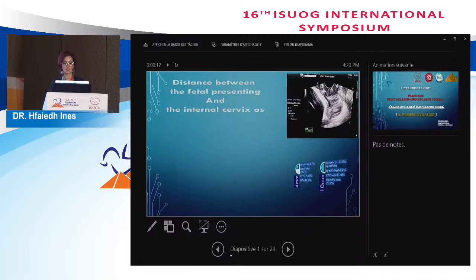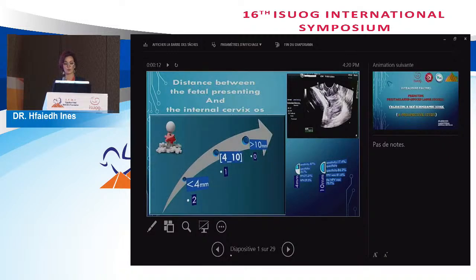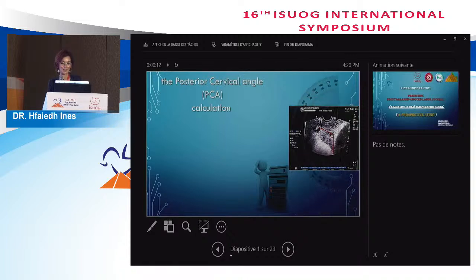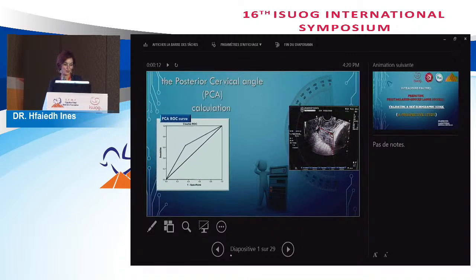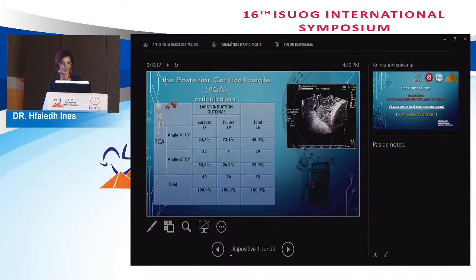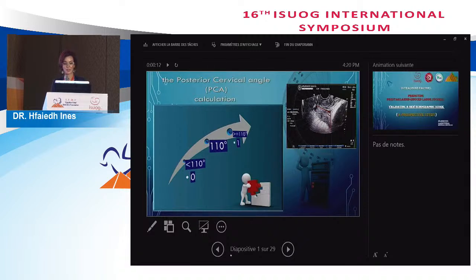If it's less than 4 millimeters, we applied it to our patients, and we assigned points. We find the cutoff at 110 degrees.